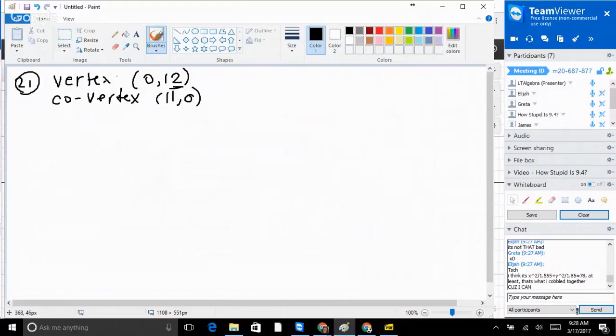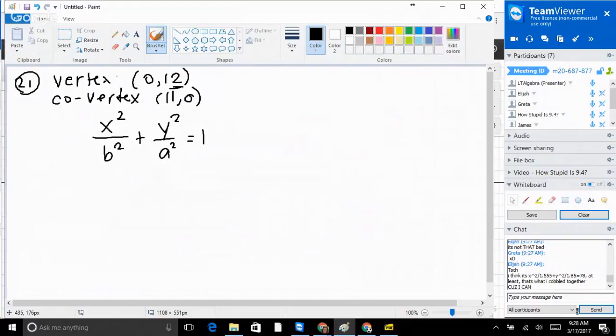Okay, so the equation of a vertical ellipse is always x squared over b squared plus y squared over a squared equals 1. So what are my a and my b? So a is your major vertex.